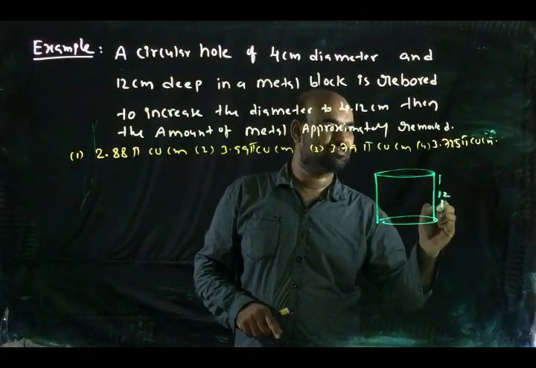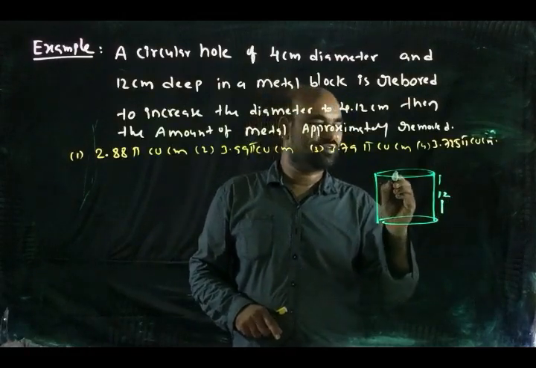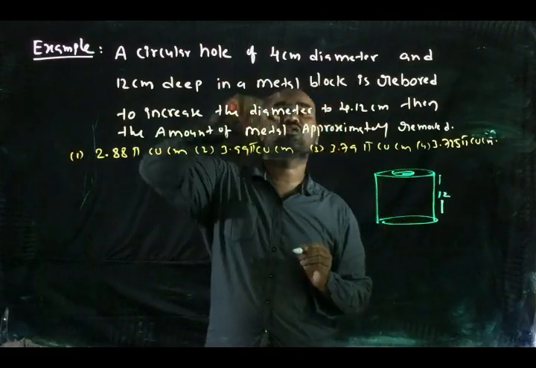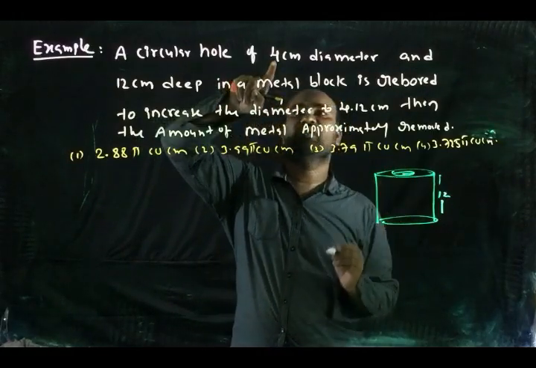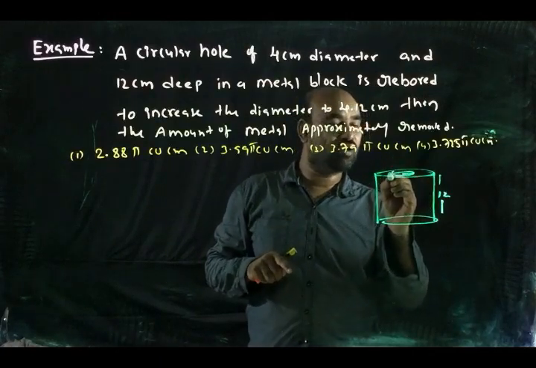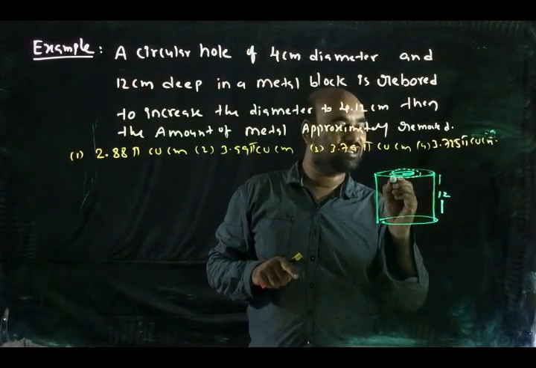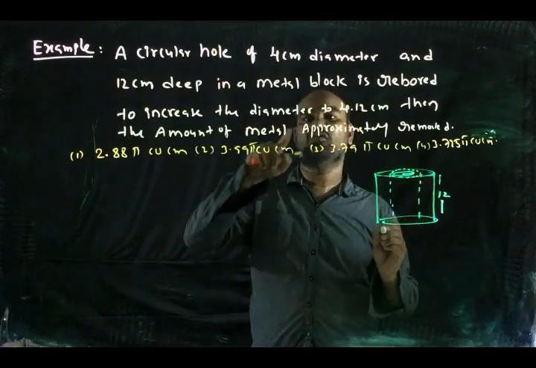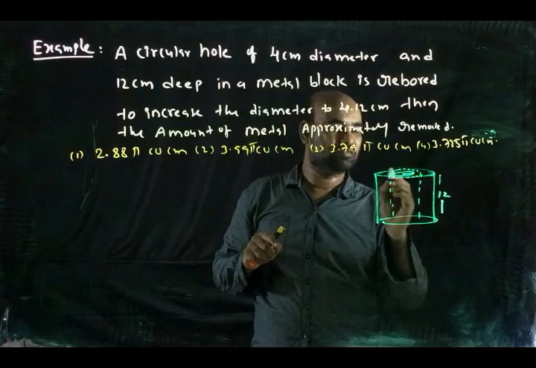Height is 12. So this is the hole with the diameter 4. What happened? Again they rebored to increase the diameter of the hole to 4.12.